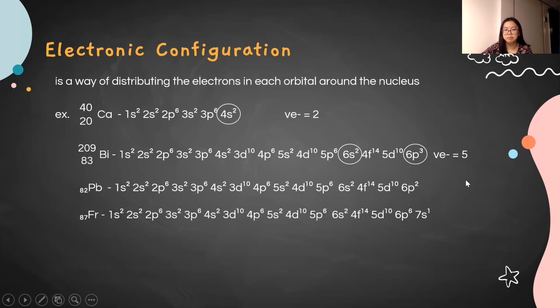And the fourth example is Fr or francium. It has 87.